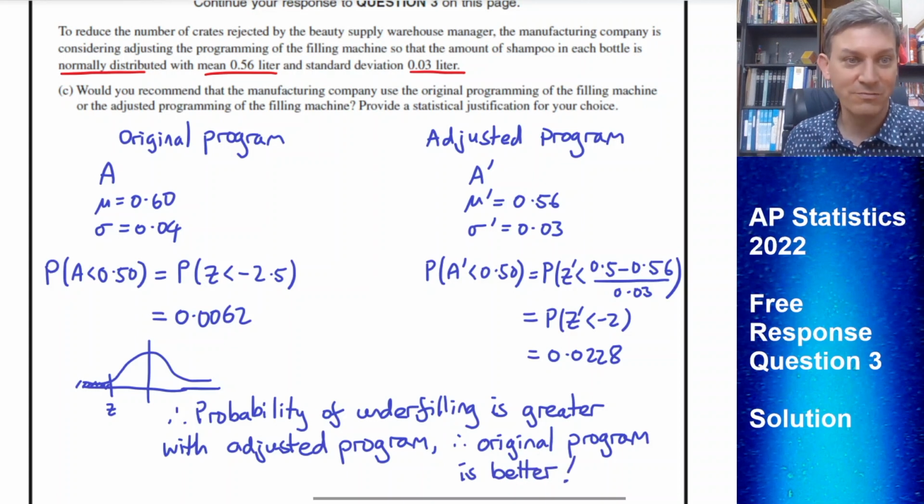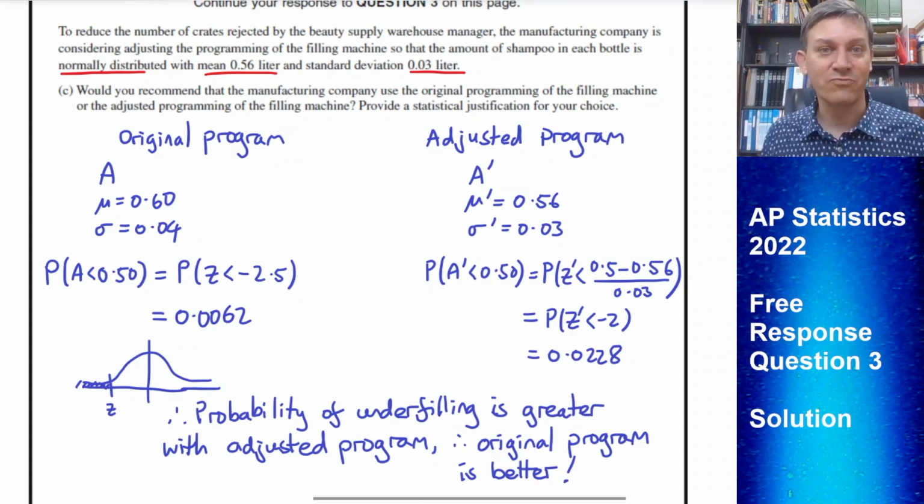Okay, and that's the conclusion, right? Would you recommend that the manufacturing company use the original program or the adjusted program? The original program is better, because it has a lower probability of rejection. Okay, and that's completing the solution to this question.